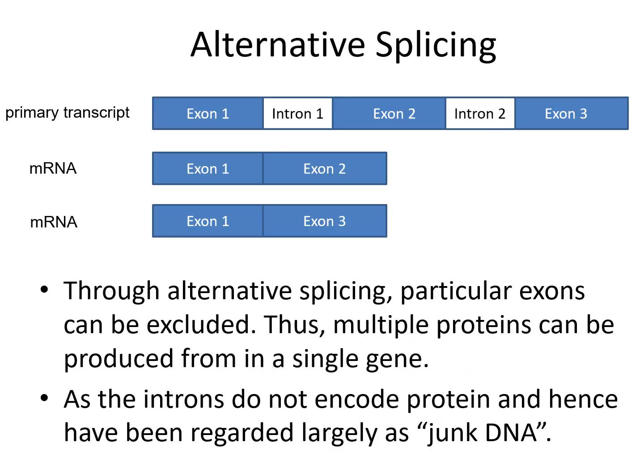This process can lead to a variety of RNA sequences. For example, here is a primary transcript. We have exon 1, intron 1, exon 2, intron 2, exon 3, for example. So the same sequence can be used to generate different proteins by alternative splicing. Introns are all removed. Now we put these exons together.